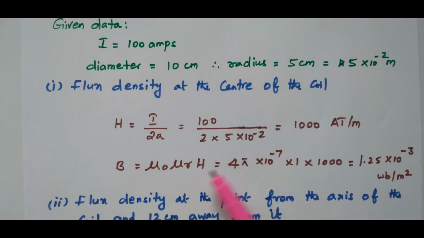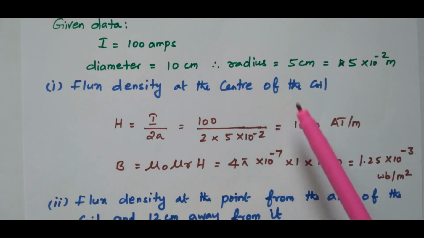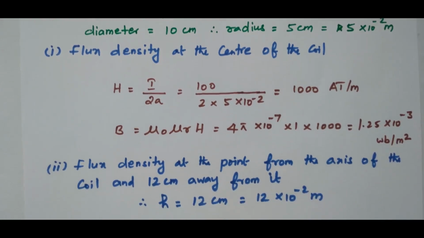The magnetic field intensity is calculated, this 1000. Right? So by simplifying this, what we got? 1.25 into 10 to the power minus 3 Weber per meter square. Magnetic flux density is 1.25 into 10 to the power minus 3 Weber per meter square at the center of the coil. We have one more at the 12 centimeter.